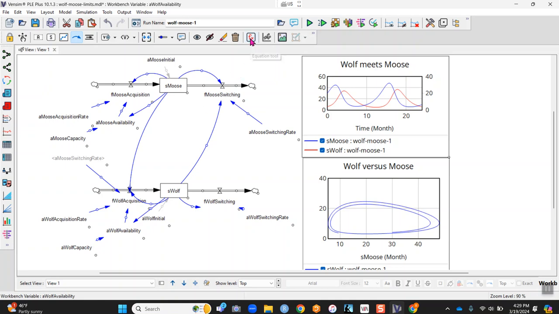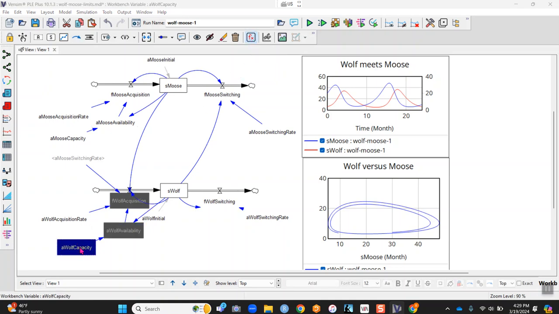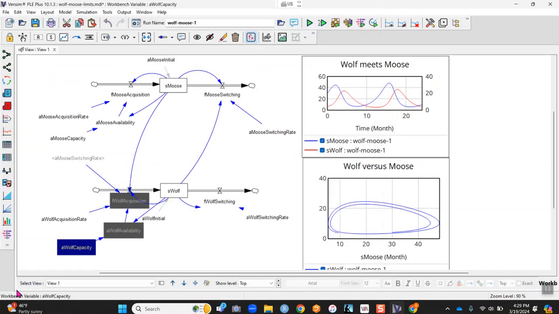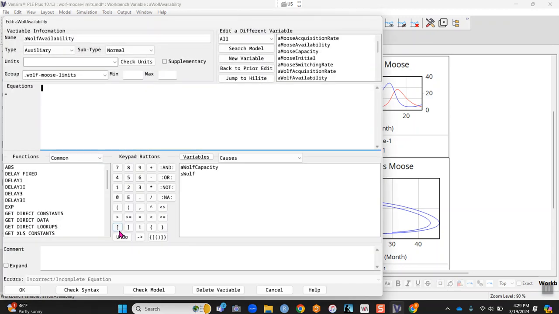let's pull up the equation editor for, okay, this means I will make this 30. And this one will be 1. And notice I have wolf and wolf capacity here.